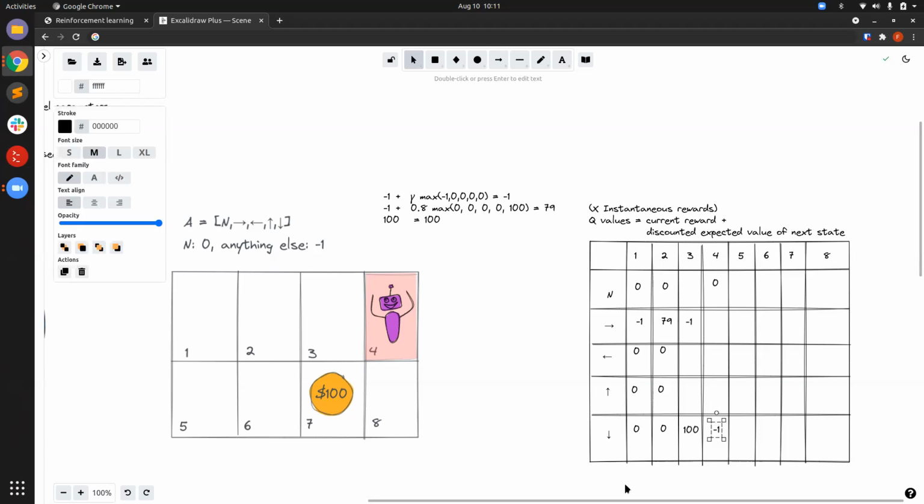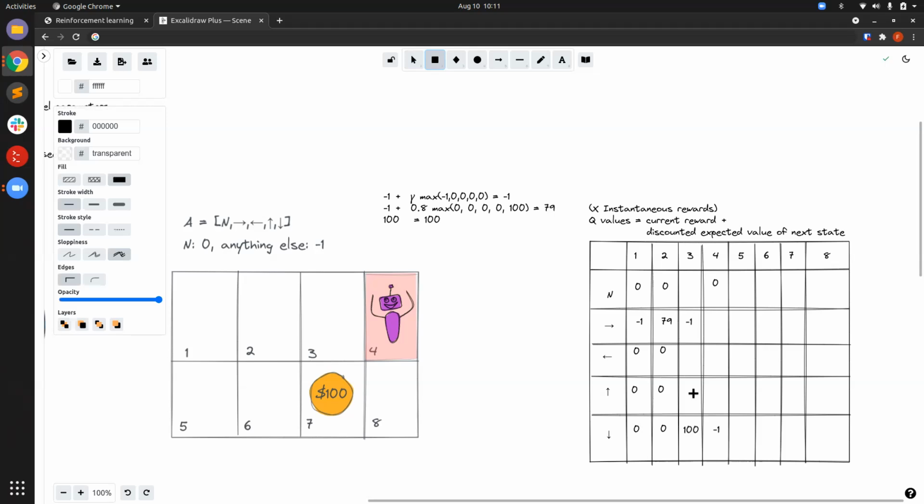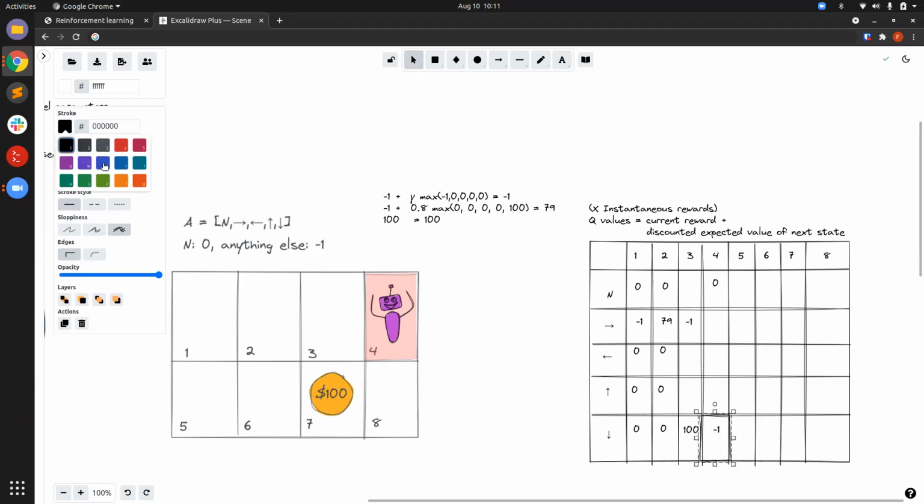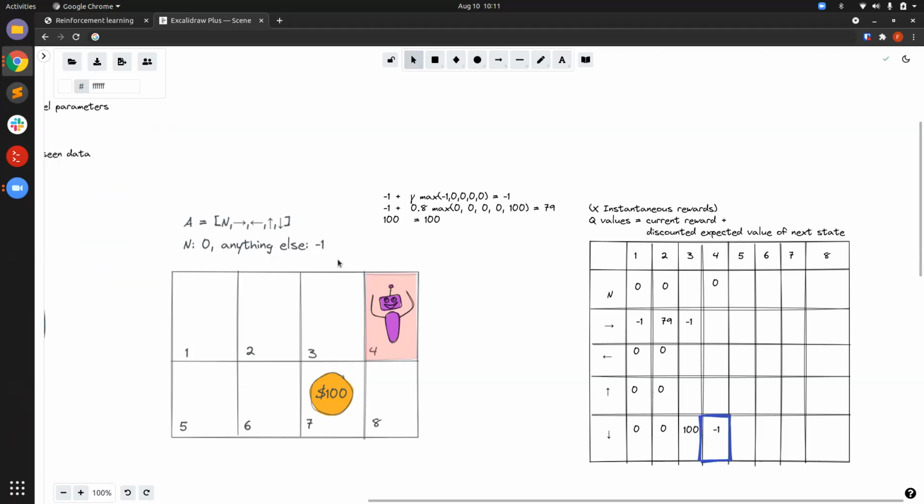Now, let's say I decide to go down in state 4 again. What is going to be my new Q value in this box? Does it change? Okay, so I'm in state 4, I decide to go down. My immediate reward is -1.